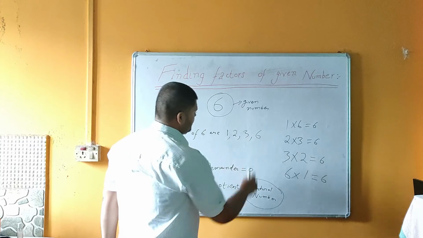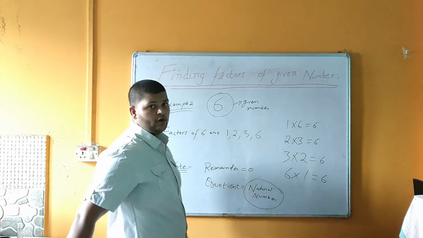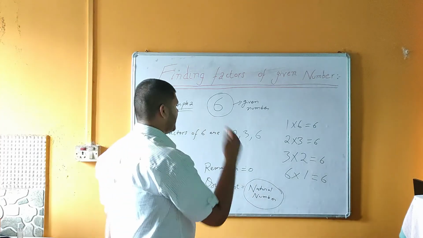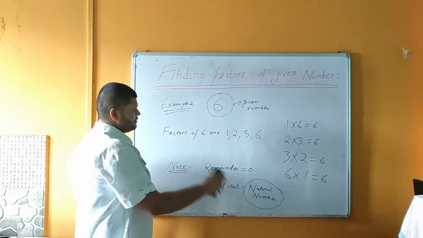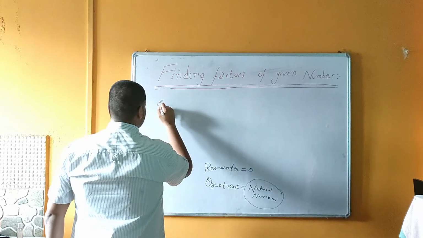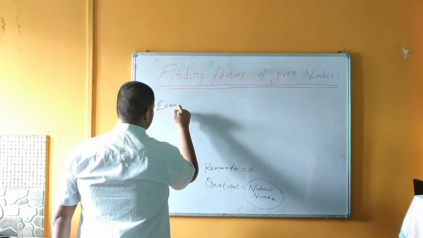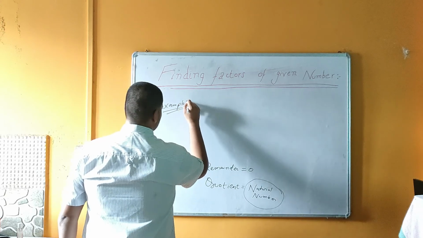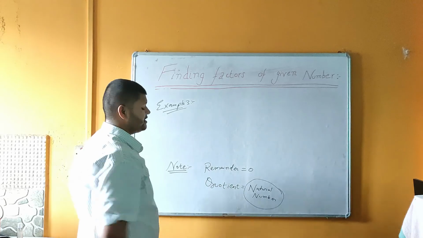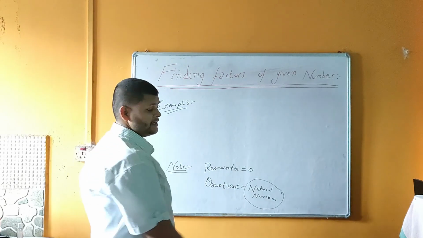Beyond this 6, you cannot go for 7, because if you go for 7, that means you are wasting time unnecessarily. Okay? So I am moving to the next example. I am erasing this. Example 3. Till now we have seen a single digit number and we have found its factors.